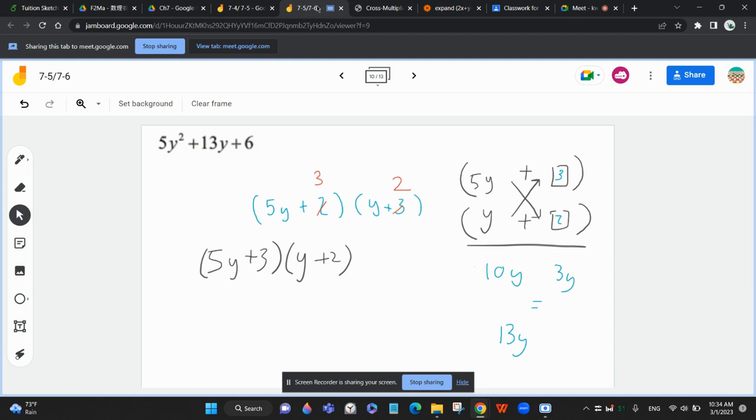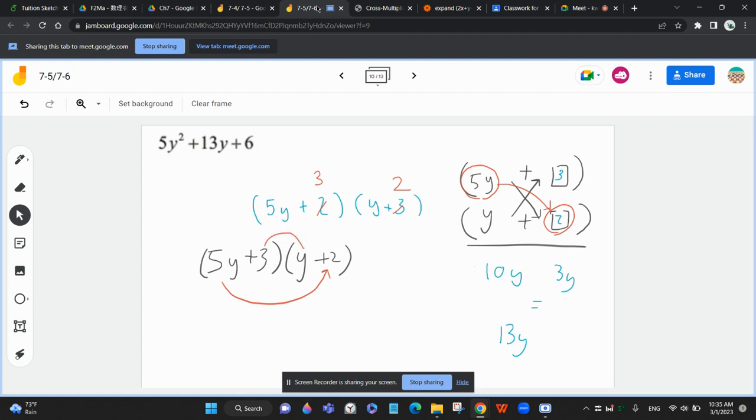So this 5y, the outer terms, is the same as this 5y times 2 over here, while the y times 3 is the same as the product of the inner terms.